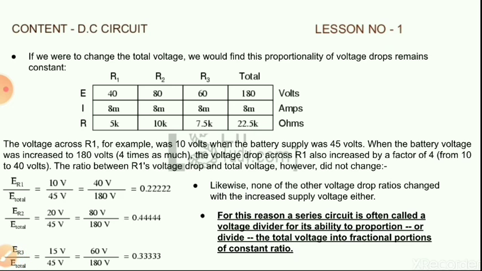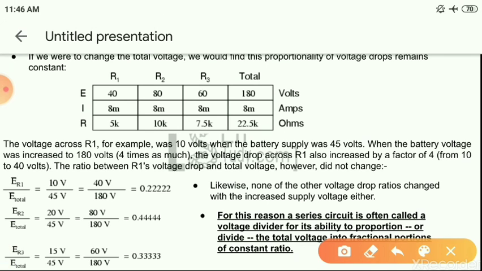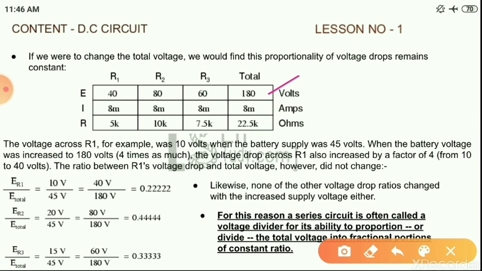Now if we change this total voltage to 180 volt, we would find the proportionality of voltage drop across resistors remains constant.